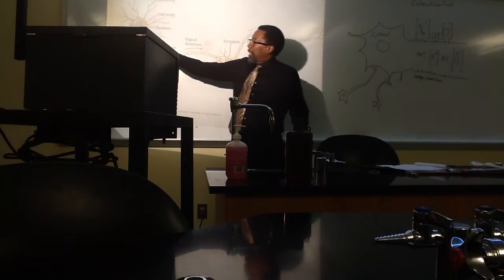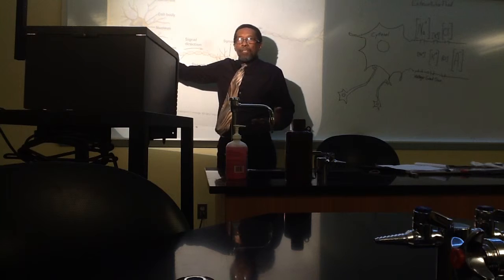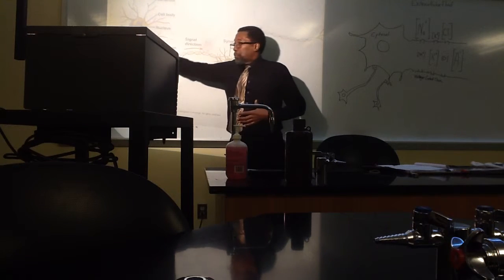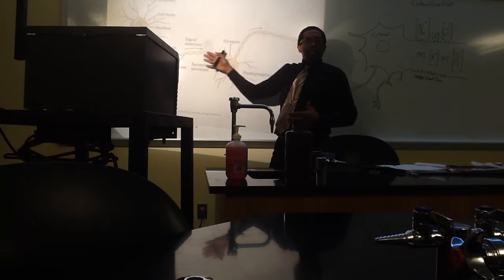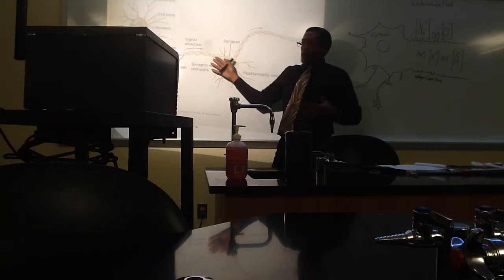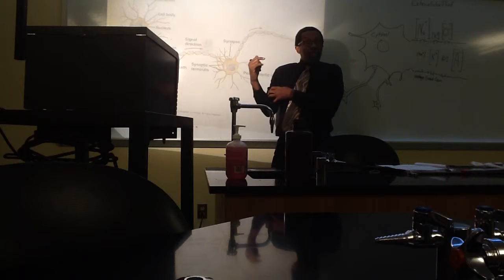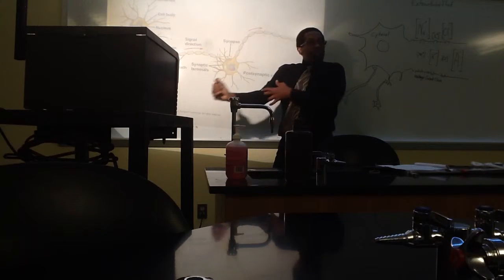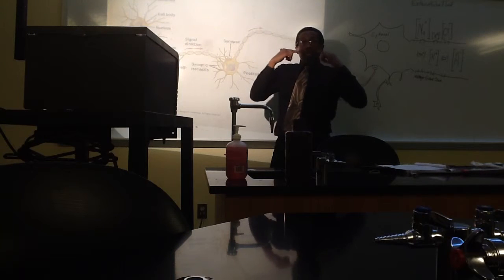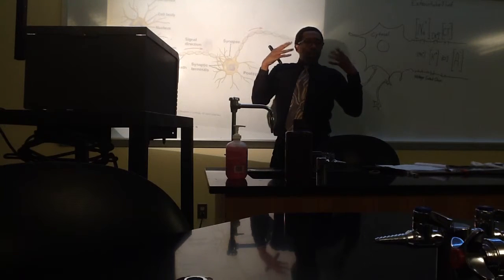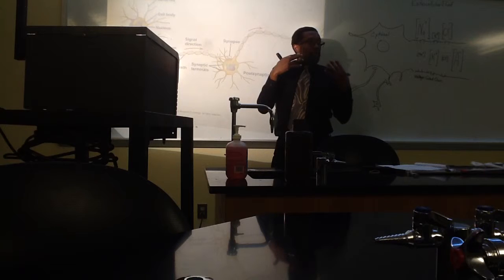The axon is how a nerve cell sends a signal away from its body to some other cell. Either some other cell that's another neuron, or some other cell that's going to be a muscle cell, and that's how nerve cells stimulate muscles to contract, or some other cell will be a gland, where nerve cells stimulate glands to secrete.